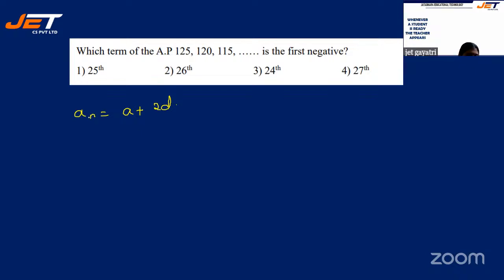What is a? It is 125. What is d? 120 minus 125 is minus 5. So what is a27? A plus 26 into minus 5. So 125 minus 130.